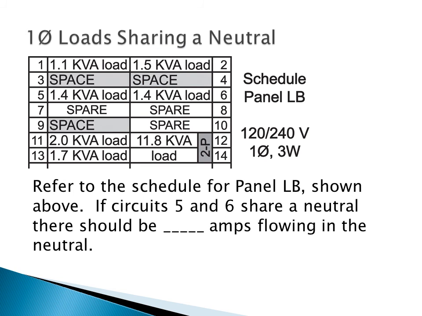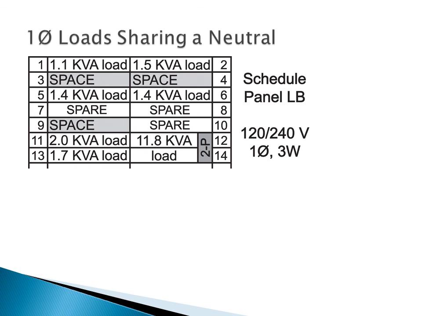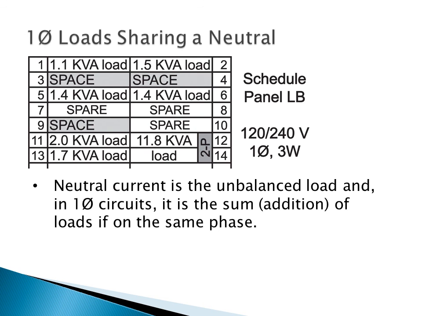Now another problem, same panel, different loads. This time circuits 5 and 6 are sharing a neutral. How many amps should be flowing on it? Single phase loads. Let's just talk about neutral current first.